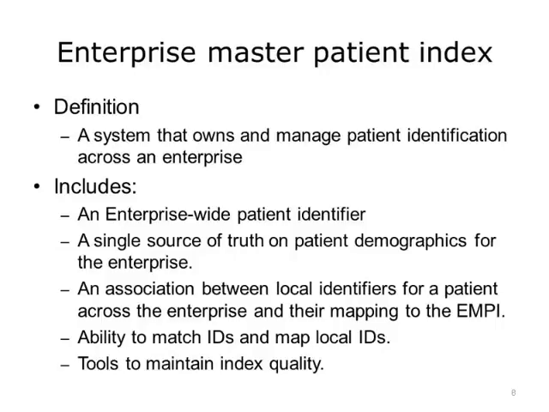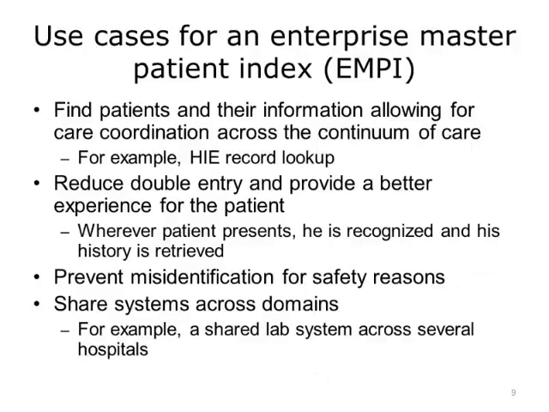It maintains the association between all the identifiers for a patient that exist across the enterprise so that patients can be matched and records linked. It provides tools to allow EMPI quality analysts to maintain the quality of the index by resolving potential duplicate records and other quality issues. So let's talk about use cases for an EMPI.